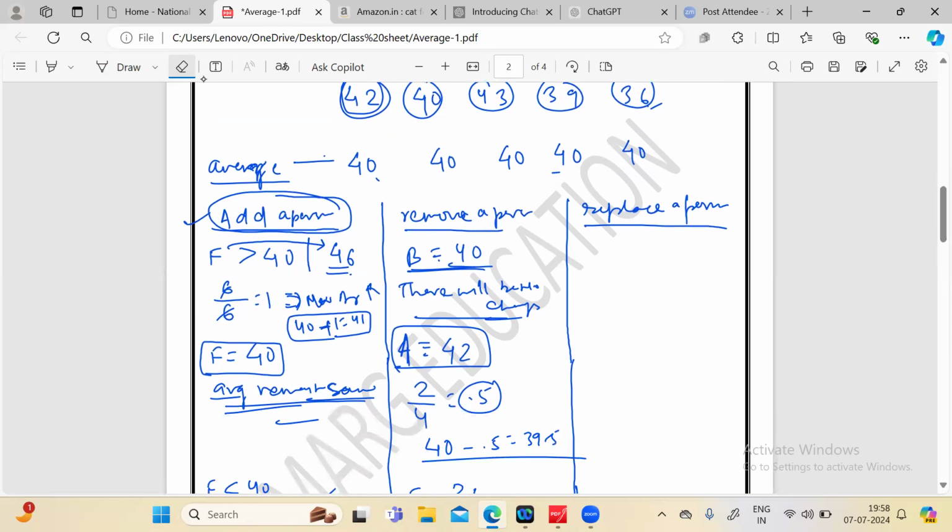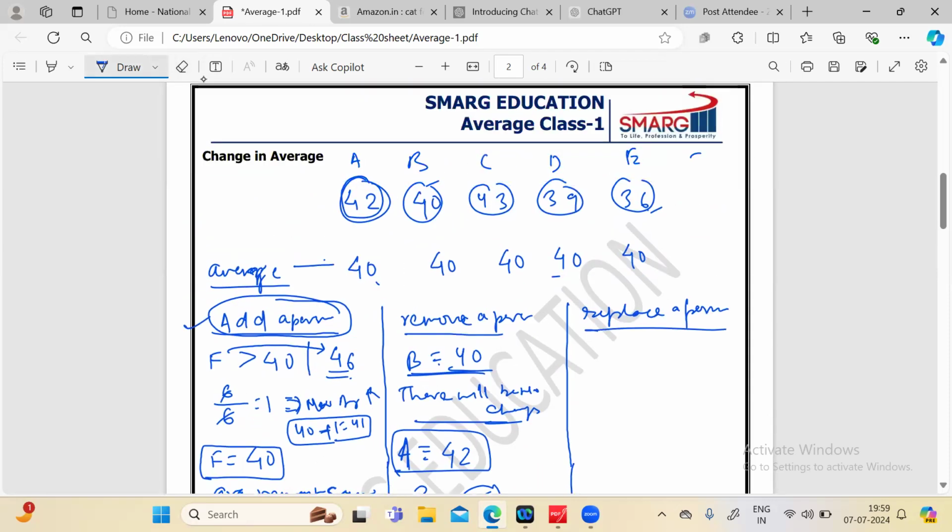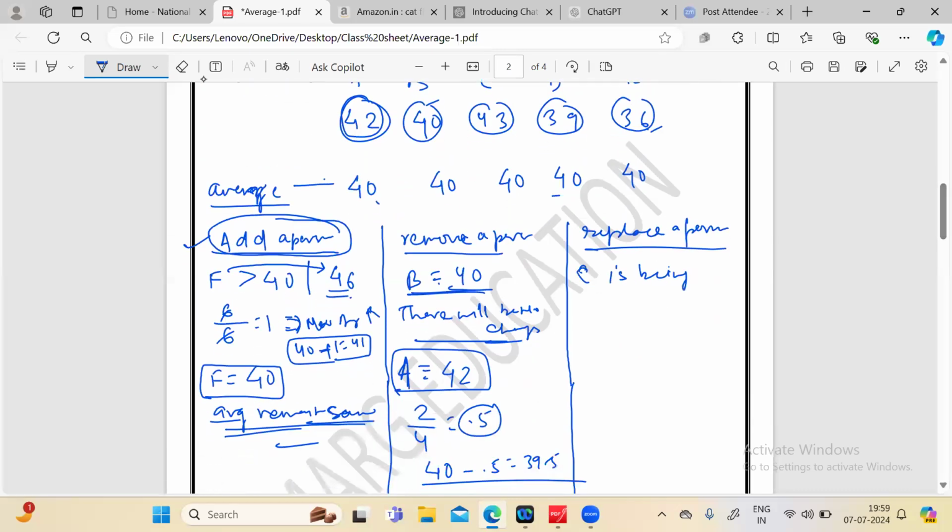The third kind of change in group we were talking about was replacement. So when any particular person is being replaced, let's say C is being replaced. So there are two things happening here. There is a value which C was contributing, which was 43.